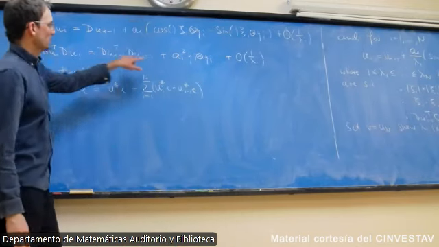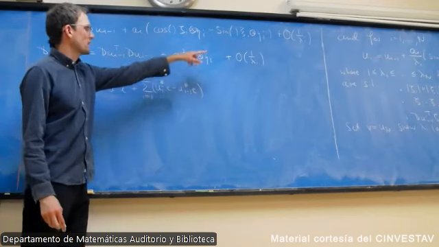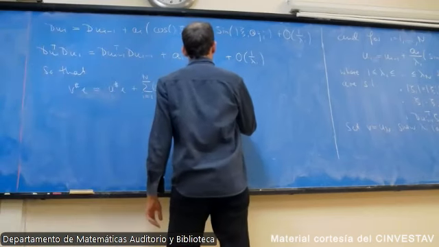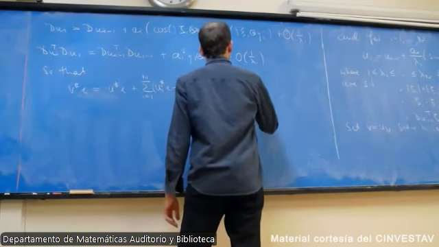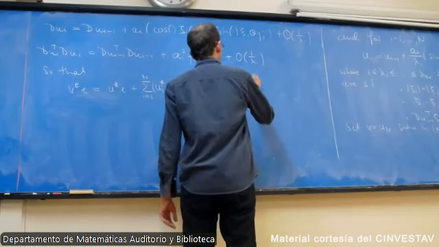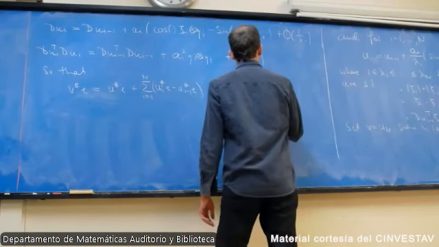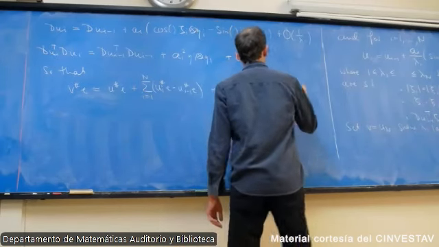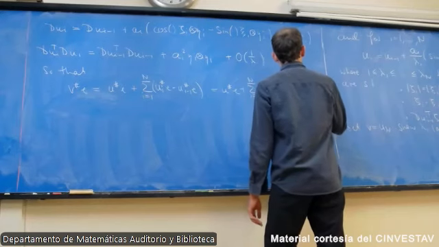And here I see exactly a_i squared eta_i tensor eta_i plus a small error, plus the sum i equals 1 to big N, a_i squared eta_i tensor eta_i plus some error.